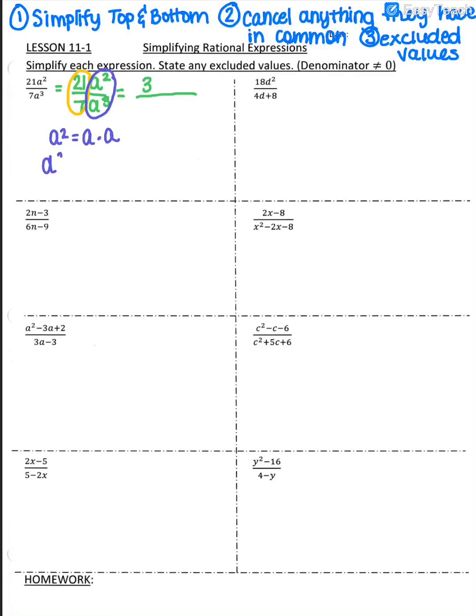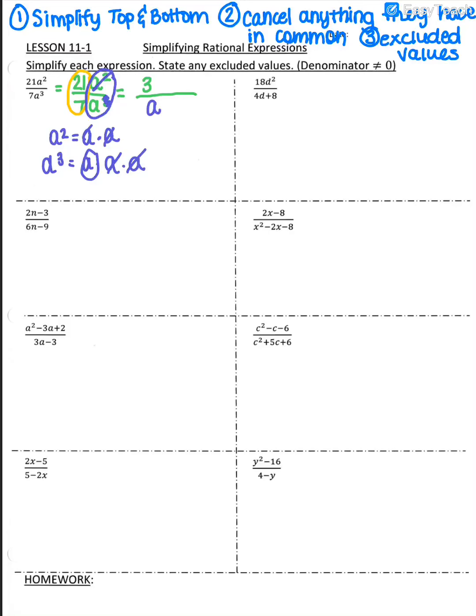If I talk about a cubed, that's a times a times a. So they both have at least 2, right? And so I'm going to take 2 a's away from a squared, and in that case, it totally gets rid of it. When I take 2 a's away from a cubed, I'm left with just 1. So I'm going to have 1a left over on the bottom here because 3 minus 2 gives you 1.